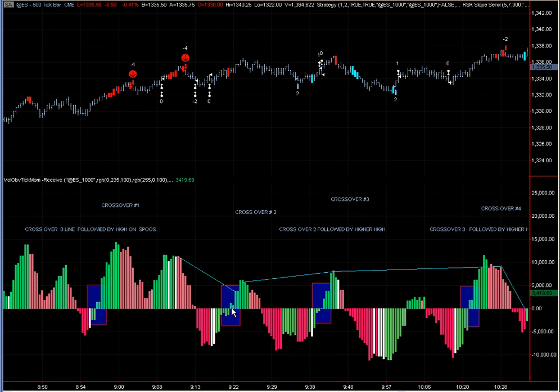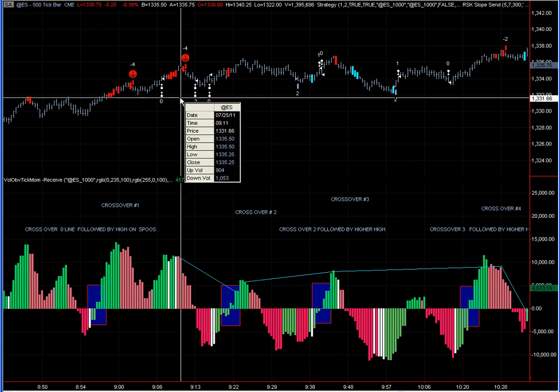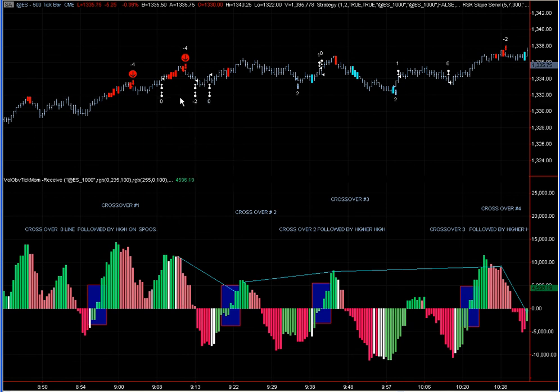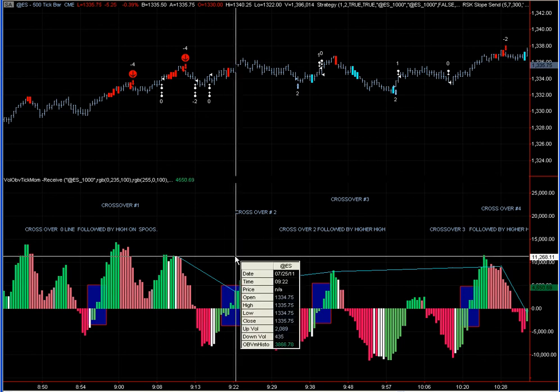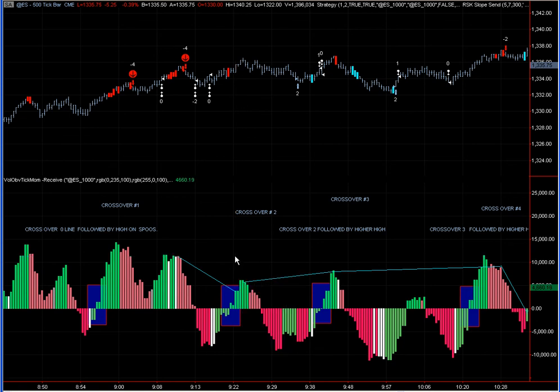What we're now going to do, since we've recorded this high, if the Spoos move higher on the next crossover, but the volume is lower at the time we get a new high on the Spoos, that will constitute a divergence. And if other conditions are true, we'll get a short trade.